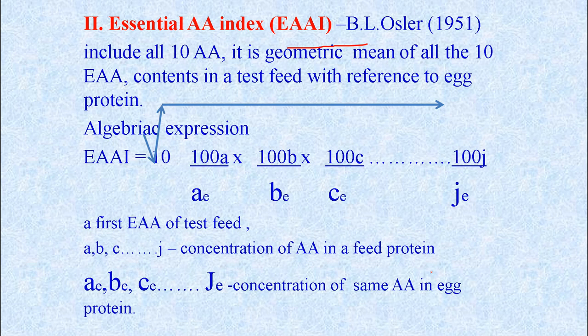So this is the essential amino acid index of the test feed, whereas A, B, C and so on can be noted for different types of feed also.